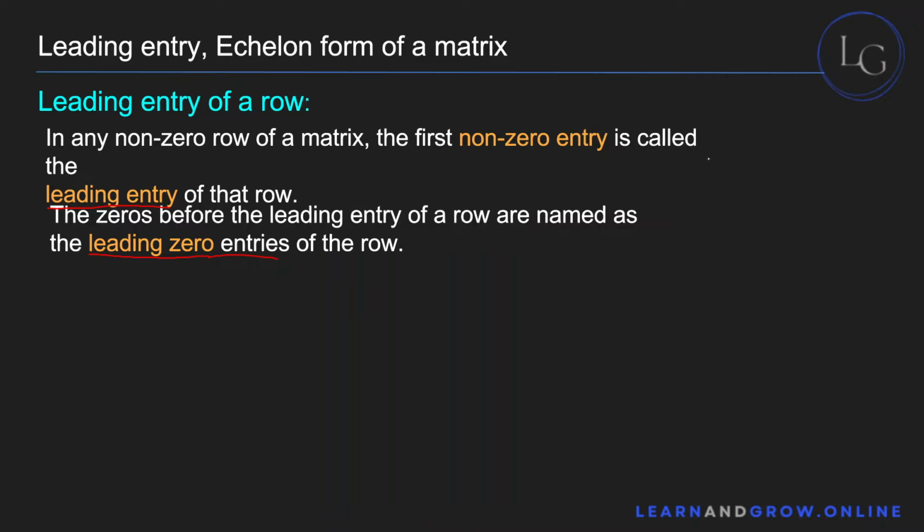So what this basically means is that if you have, for example, a matrix here, say this matrix here. Now this is a non-zero row.